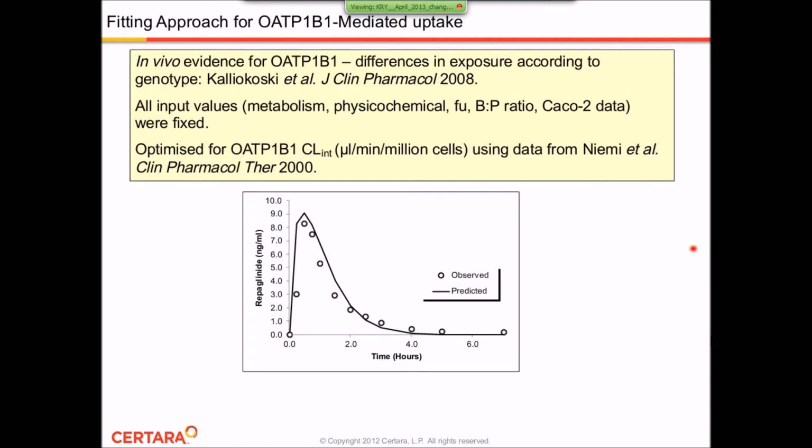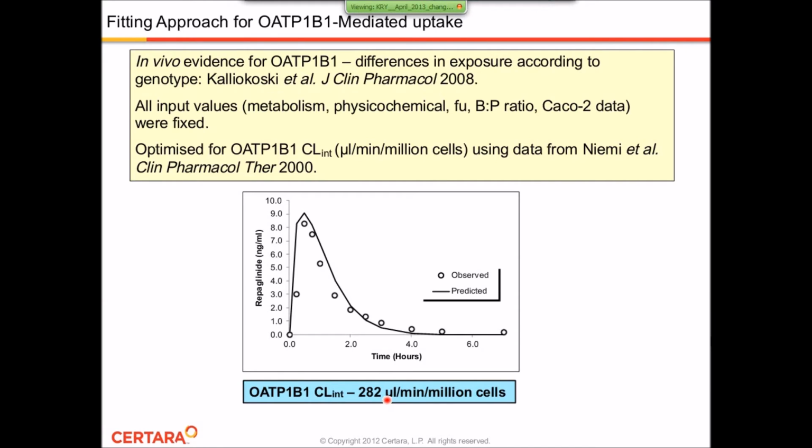So I was using a full PBPK model, a permeability limited model for repaglinide. I imported all of the in vitro data that I showed you from the previous slide, and then I'm using this clinical data here to fit for an OATP1B1 intrinsic clearance value. And this is the value that I came up with.